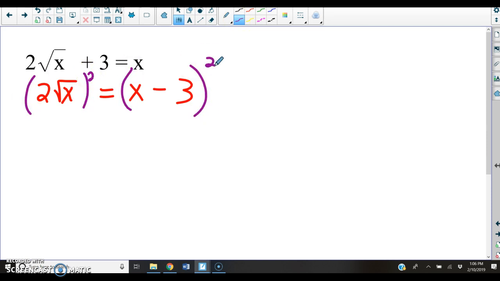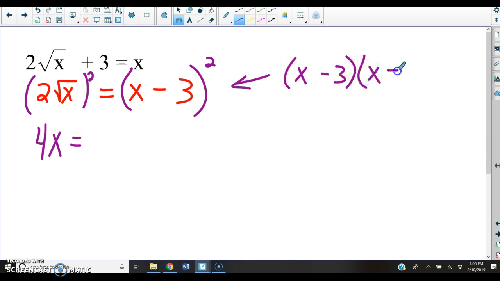It's a binomial. I have to square it. So I'm just going to square both sides. Now remember, when you square this, you take it times itself. So if you need to, write it out, FOIL, or put it in your box so that you can expand it, but get your answer.